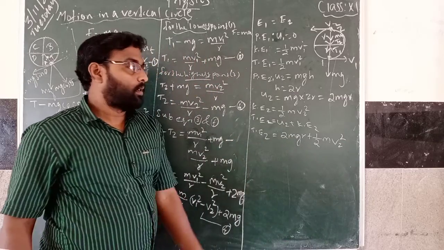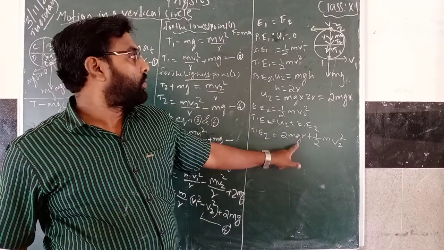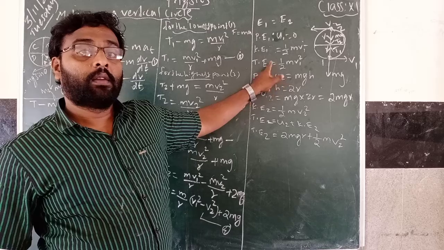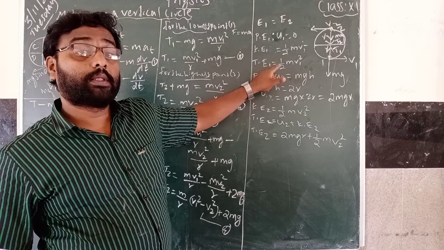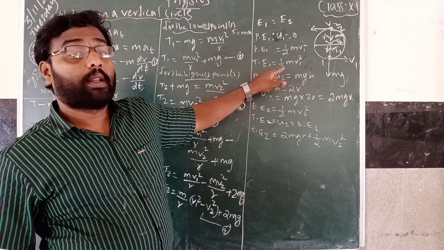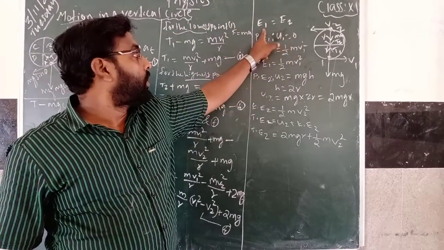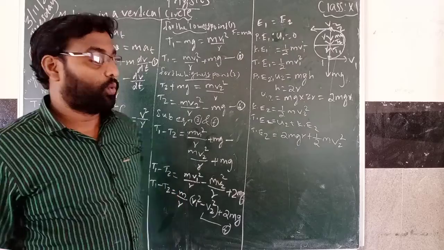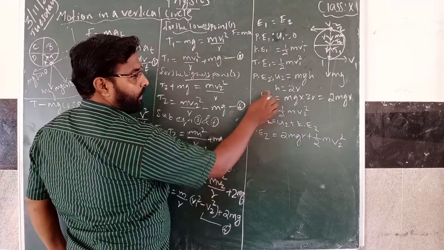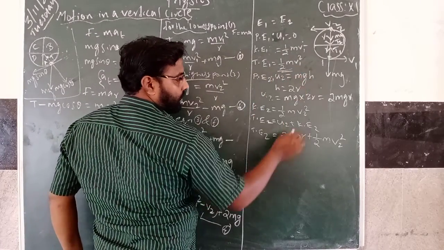This is the total energy at position 2. According to law of conservation of energy, total energy at position 1 is equal to total energy at position 2. So this one is equal to this one.